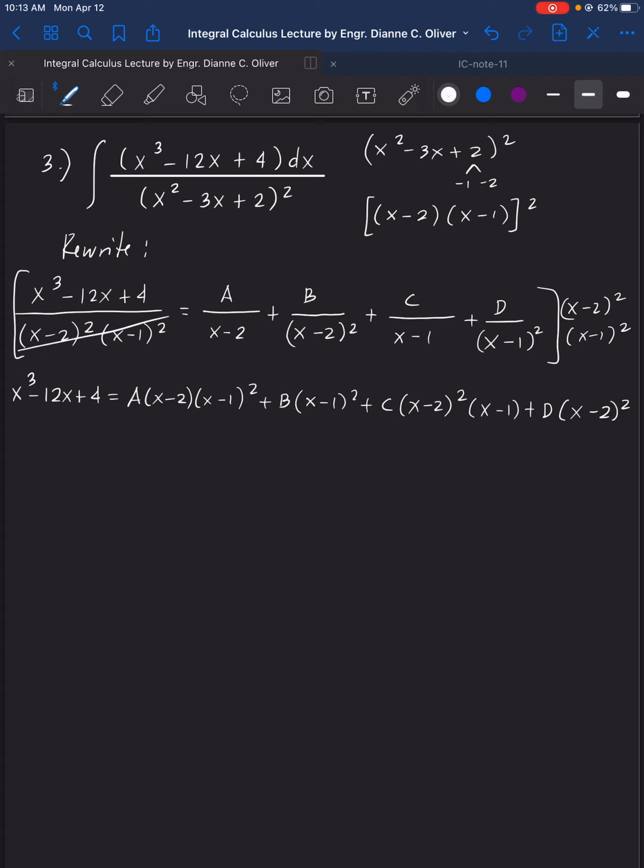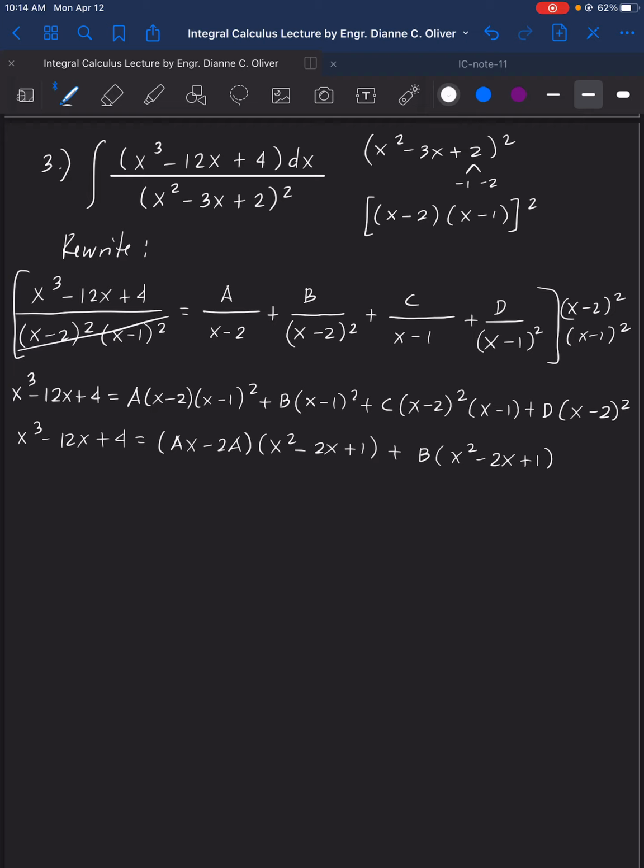Okay. Then we have here x raised to 3 minus 12x plus 4 equals, distribute, ax minus 2a. Then this one here is x squared minus 2x plus 1 plus b(x squared minus 2x plus 1).